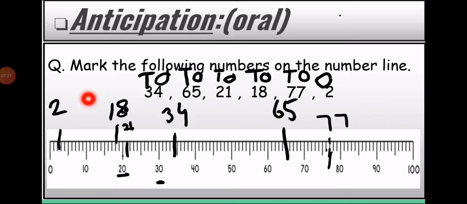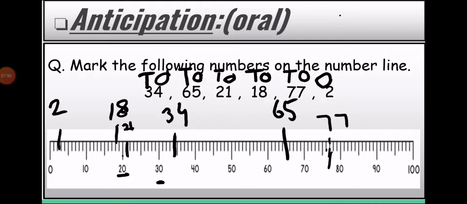As you observed, we have ordered them from the smallest to the greatest. 2, 18, 21, 2 tens, 3 tens, 6 tens, 7 tens. So when we arrange the numbers on the number line, we are ordering them from the smallest to the greatest. So we compare them, we order them.